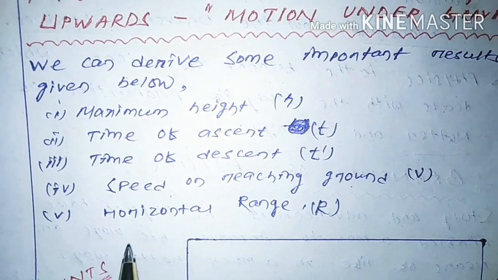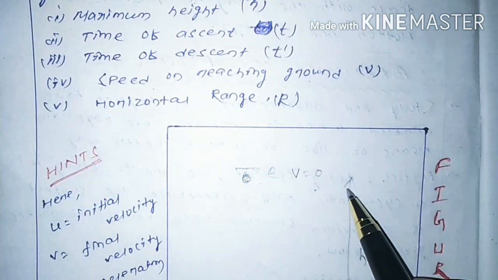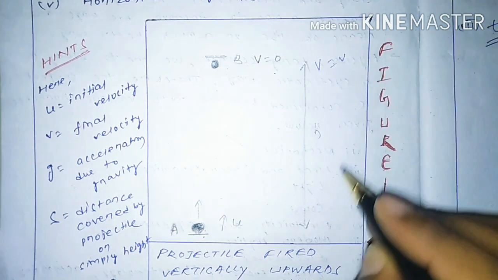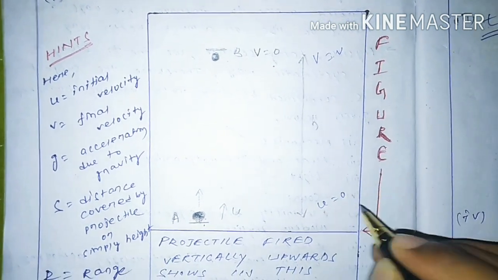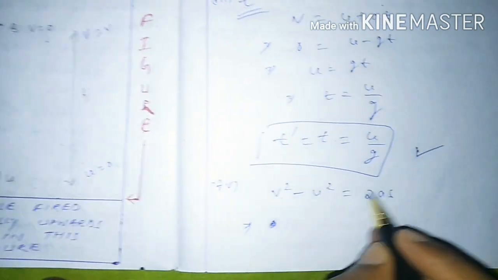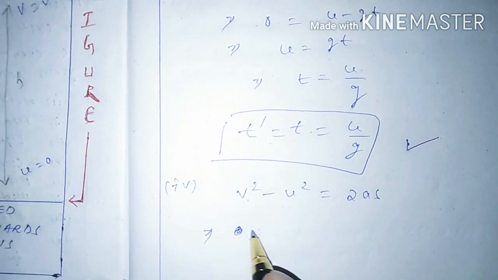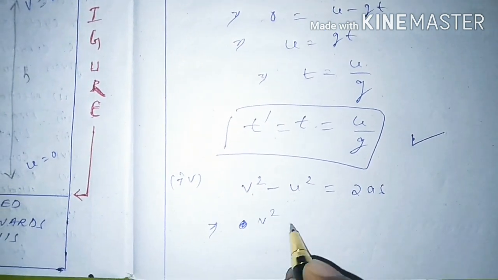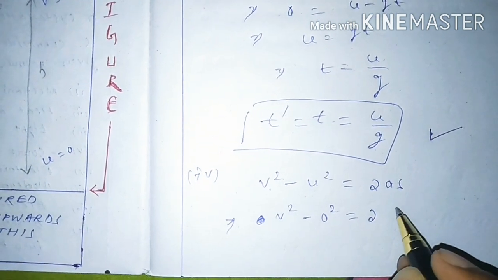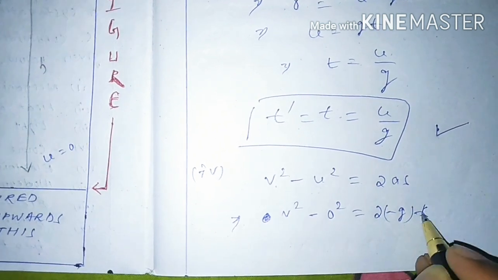Now we calculate the speed of the projectile on reaching the ground. For the motion from B to A, the final velocity is v and the initial velocity u is equal to 0. Applying the kinematics equation v square minus u square is equal to 2as and putting in the values, we get v square minus 0 square equals 2 times a, that is minus g, times s, that is minus h.